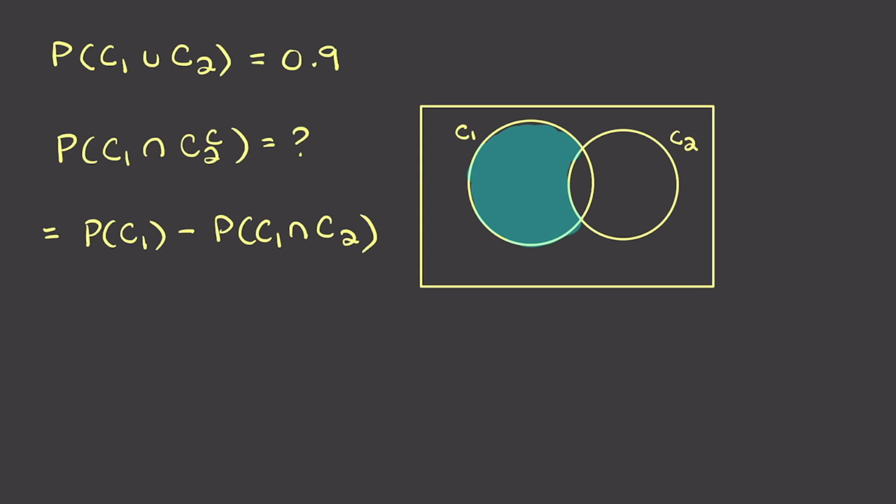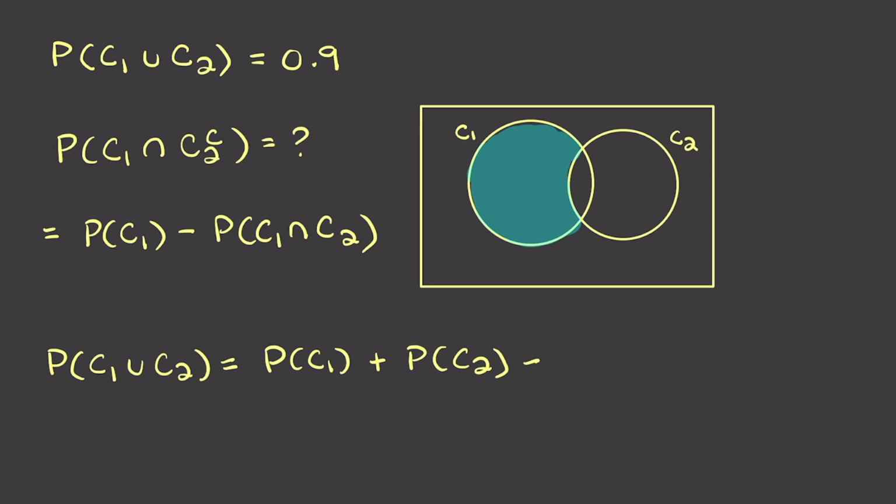But there's another equation we can use in this situation. So as we might remember, the probability of C1 union C2 is equal to the probability of C1 plus the probability of C2 minus the probability of their intersection.